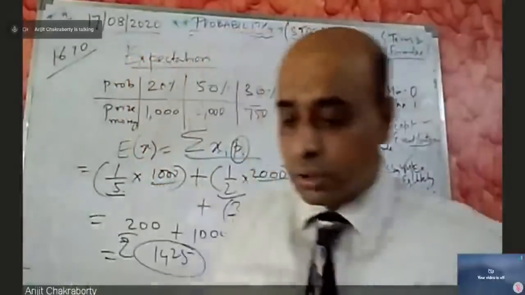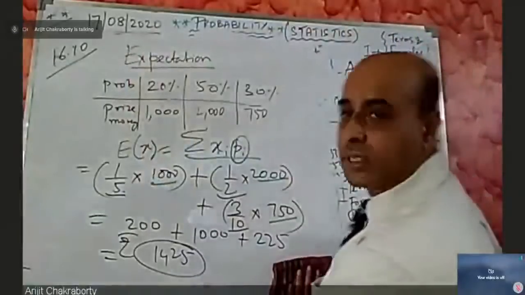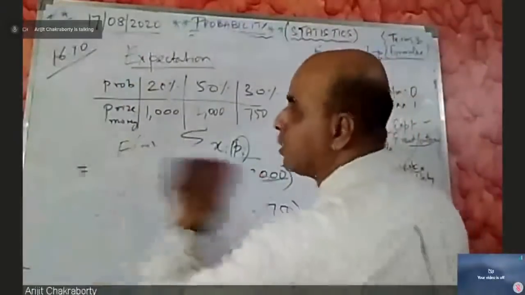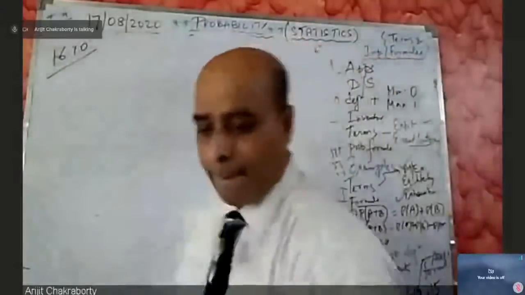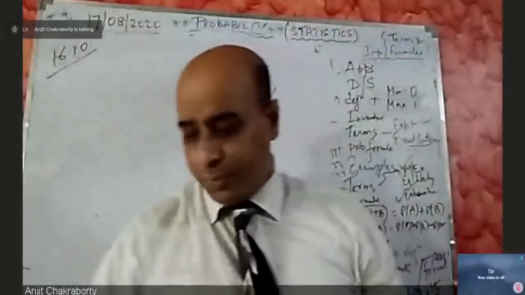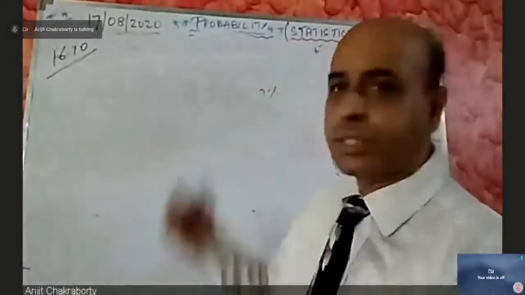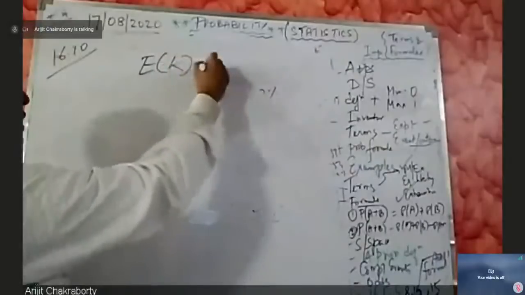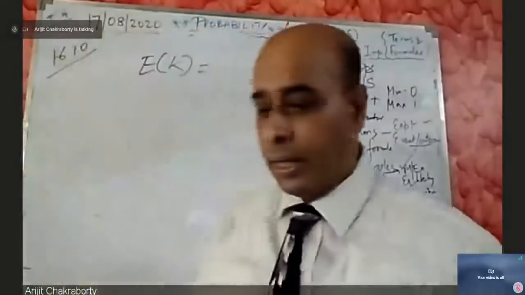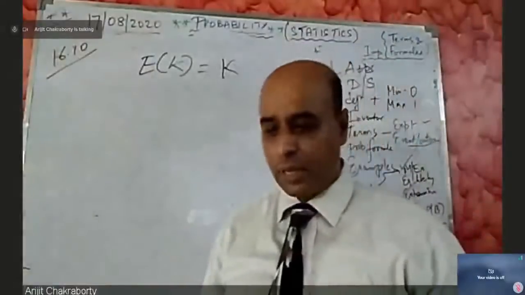Okay. Now we go to two small cases. So please keep a note of this expectation. And now we look at two simple formulas. The last part. Now, expectation of a constant is always equal to the constant itself, number one.